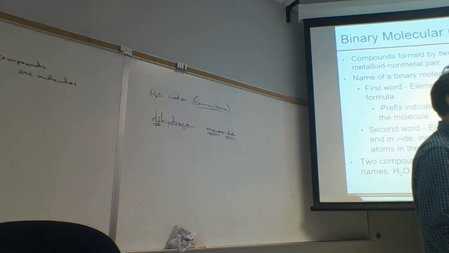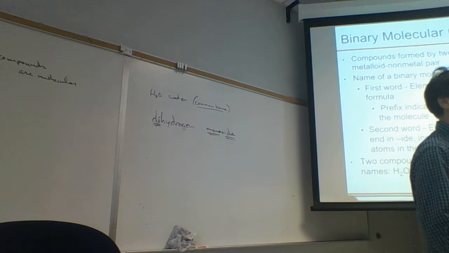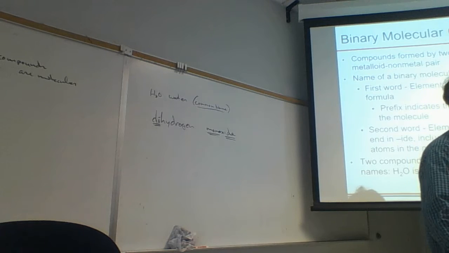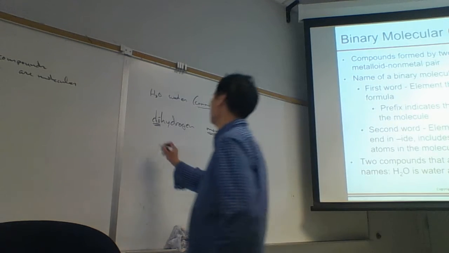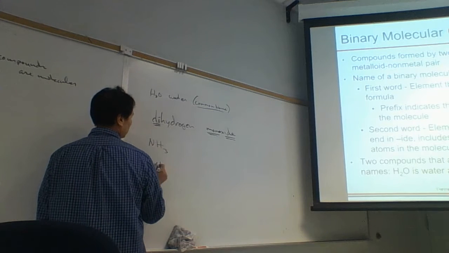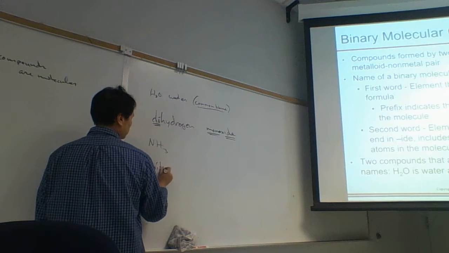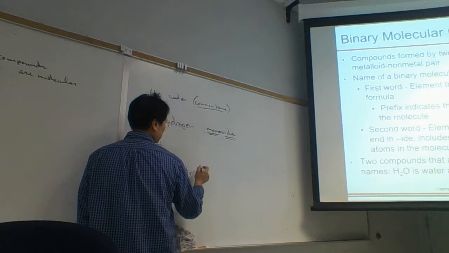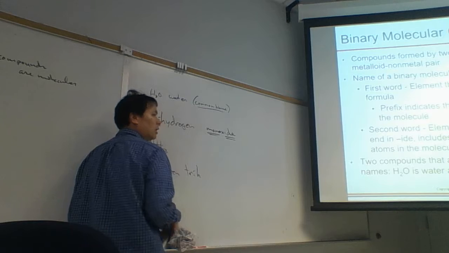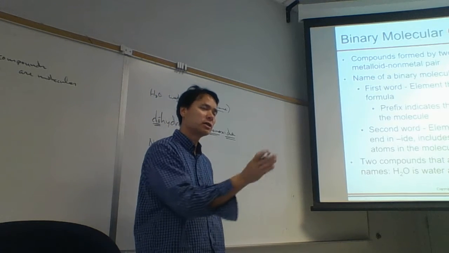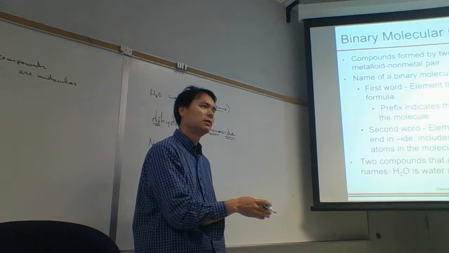It wasn't called ammonia. It was called nitrogen, then hydrogen, but it would not be hydroxide. This would be nitrogen, tri is correct, then hydrogen. So you could call it trihydrogenide. Does that sound good?